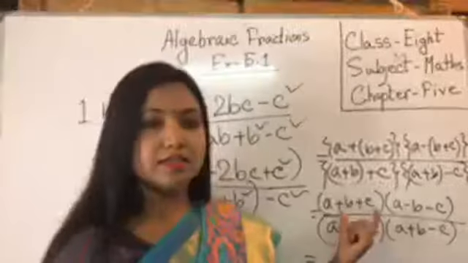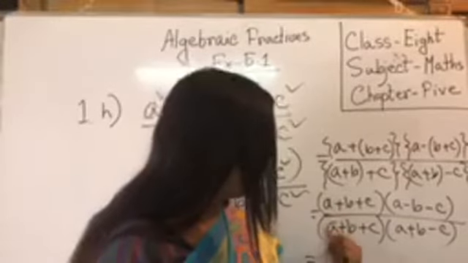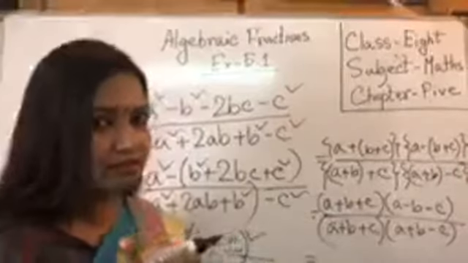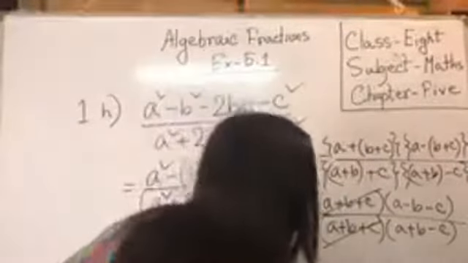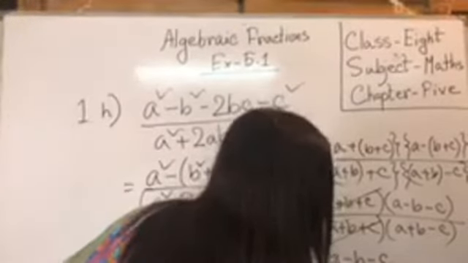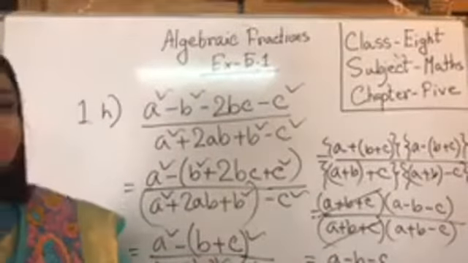A plus b plus c is in the numerator and also in the denominator. So they are the common factors. That's why I can reduce them. So what is the result? A minus b minus c divided by a plus b minus c. So that is the result.